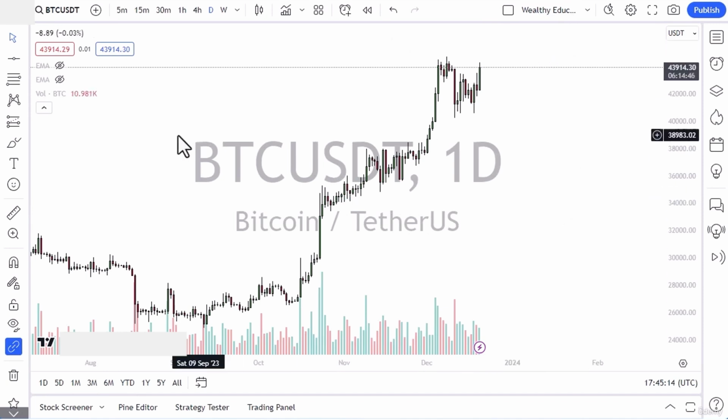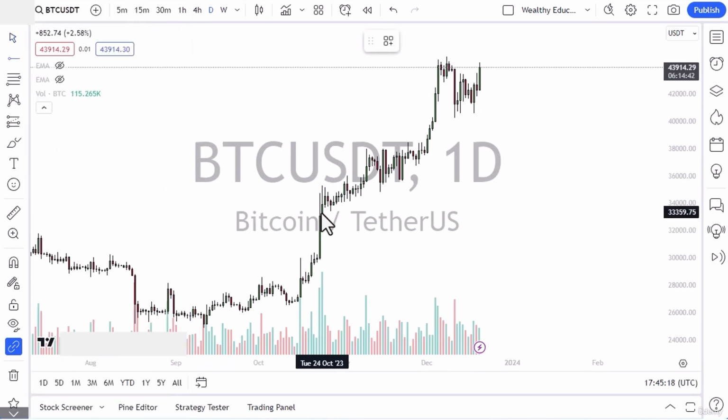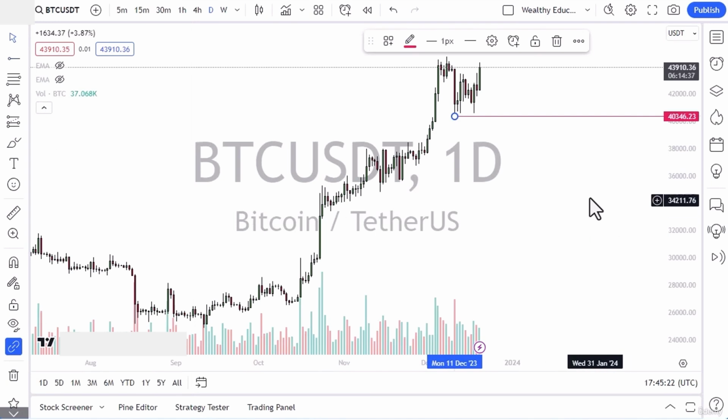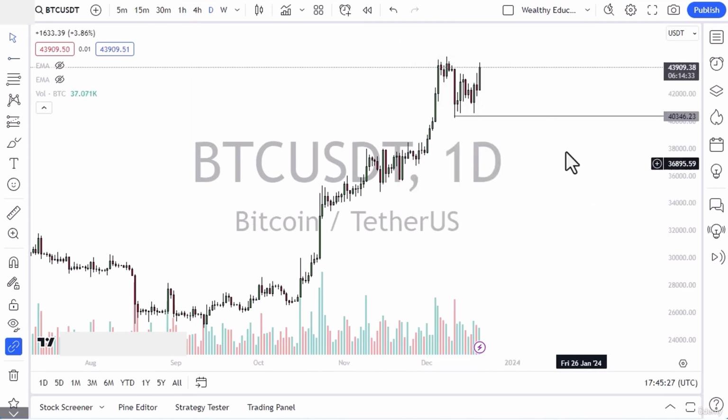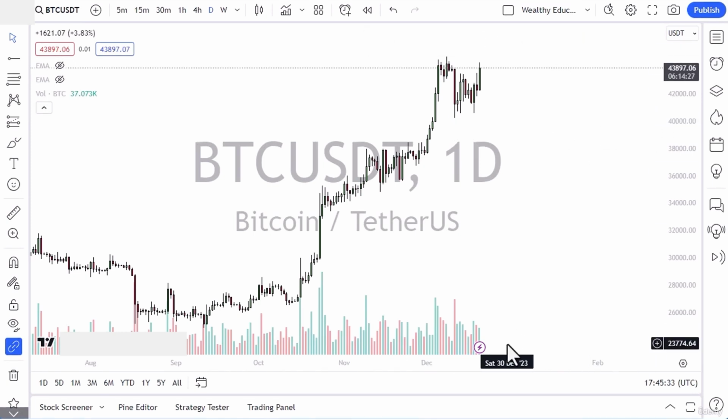There is the horizontal ray, and horizontal ray is the same thing, except it will start at the point you plot it at. Again, you can change the color, the thickness, et cetera. So it goes from there further out into time. All of these are used to mark up buying and potential selling pressure or resistance.